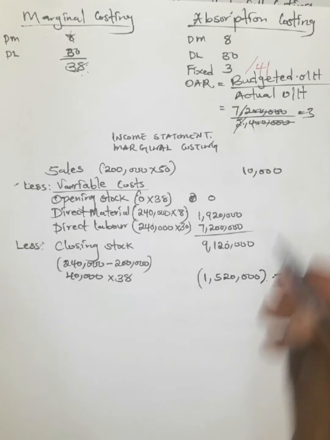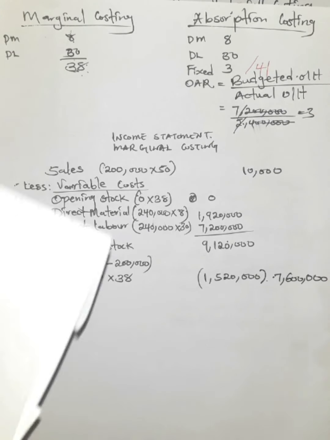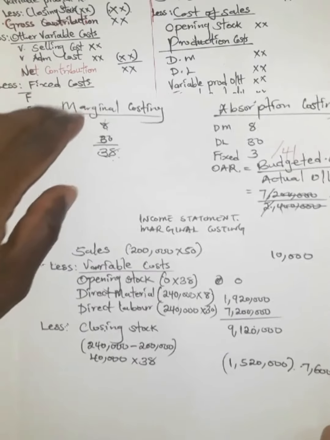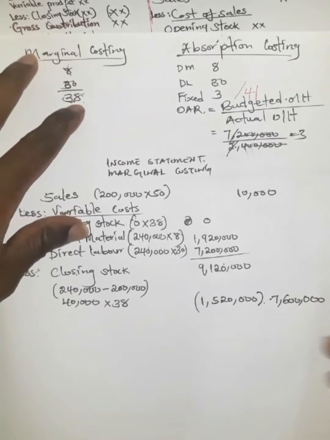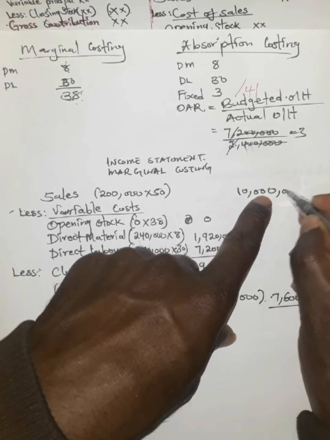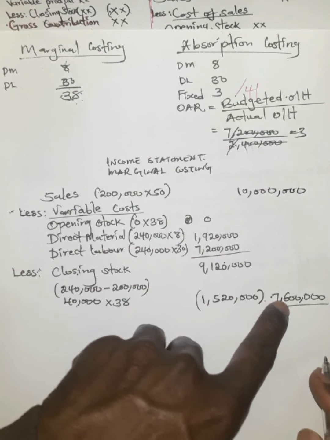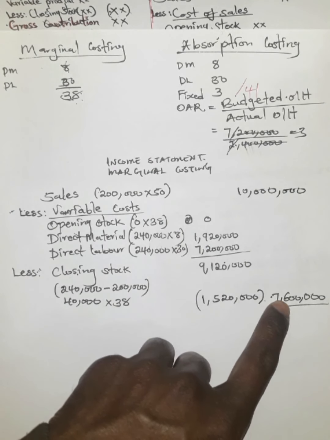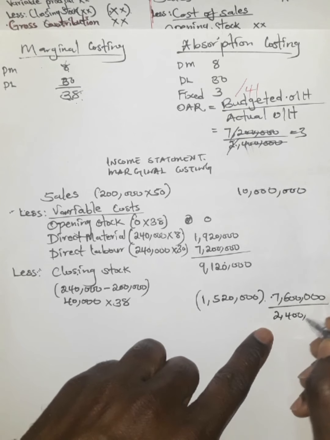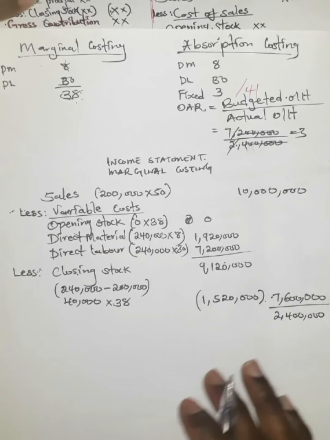7,600,000. Remember, we have now the sales, because after that one we shall get to what is known as the net contribution. Now 10 million minus 7.6 million should give us our value of 2,400,000.